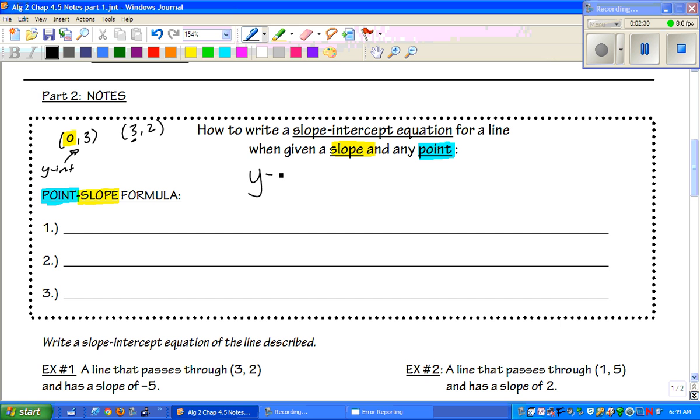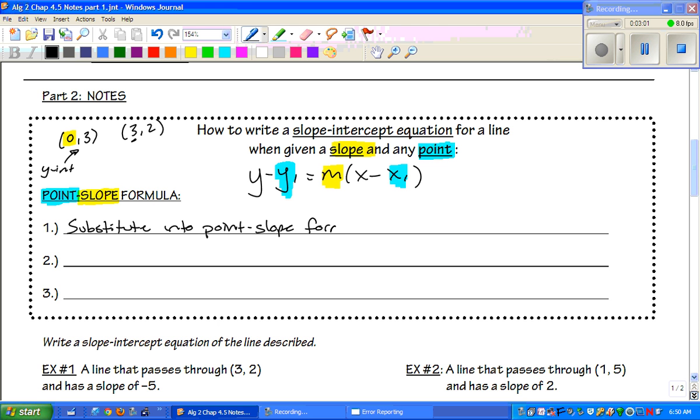And the formula is y minus y1 equals slope times x minus x1. So there's your slope, and then they give you a point. The way that this works is step 1 is to substitute into the point-slope form.